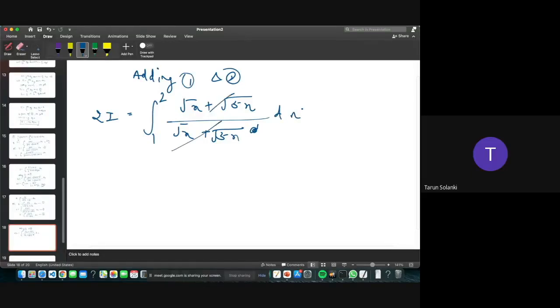So this and this get cancelled and become 1. So 2I is the integral from 1 to 2 of 1 dx. So 2I is equal to x with limits 1 to 2. So this is 2 minus 1, which becomes 1. So 2I is equal to 1.